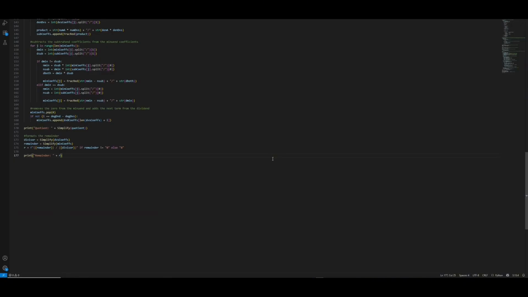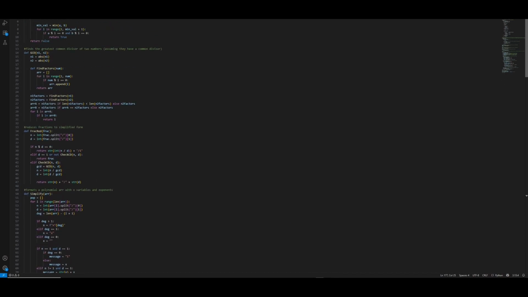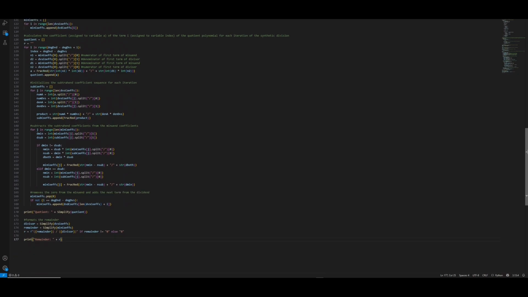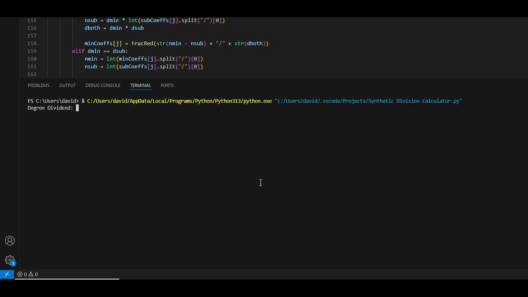All right, so let's test this code in Visual Studio just so you can visualize it better. That was a very brief summary of how this works, because there's a lot of functions and simplifying, but let's just run it with the same example. Our dividend, degree 4.